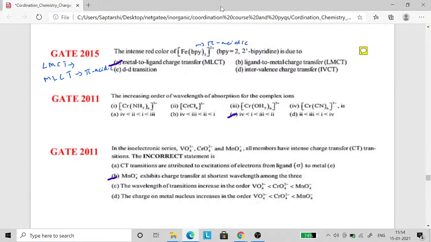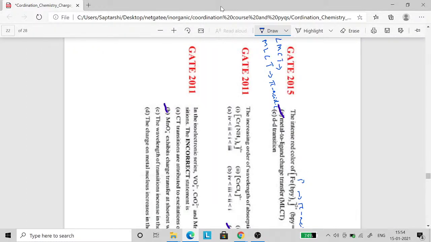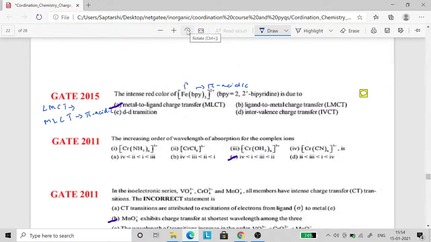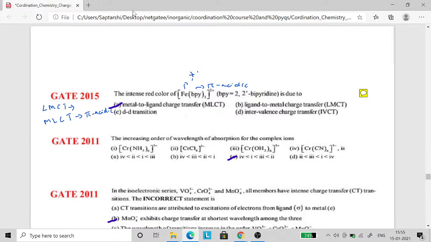Also, the oxidation state is not that high. It is just +2 here, right? So it cannot be LMCT.